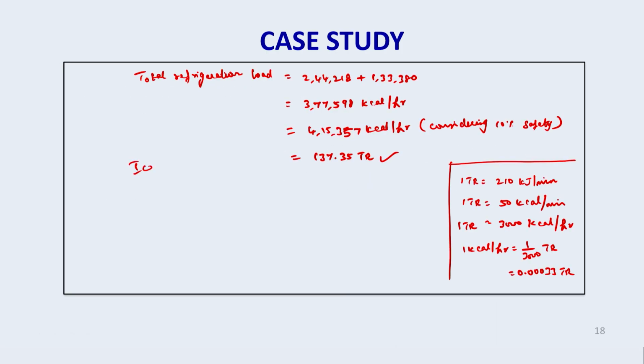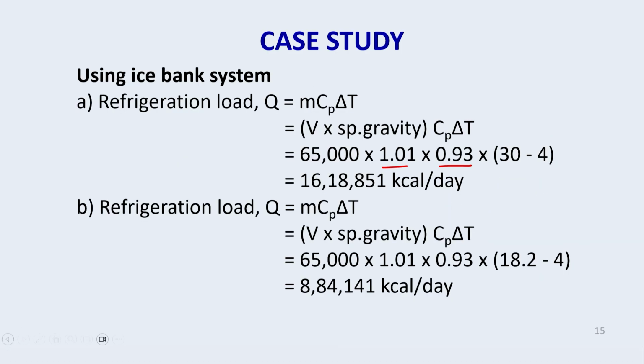First, the refrigeration load for the cooling process is mCp delta T. All the values are known. The volume of the milk is 65,000 liters per day. Specific gravity, no change, 1.01. The Cp value is 0.93.